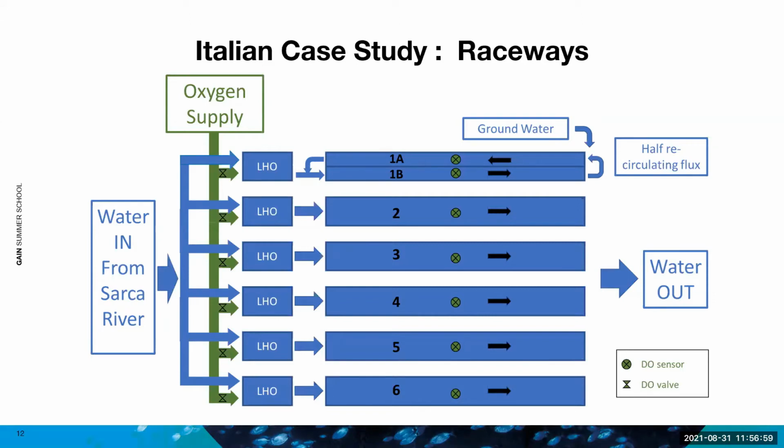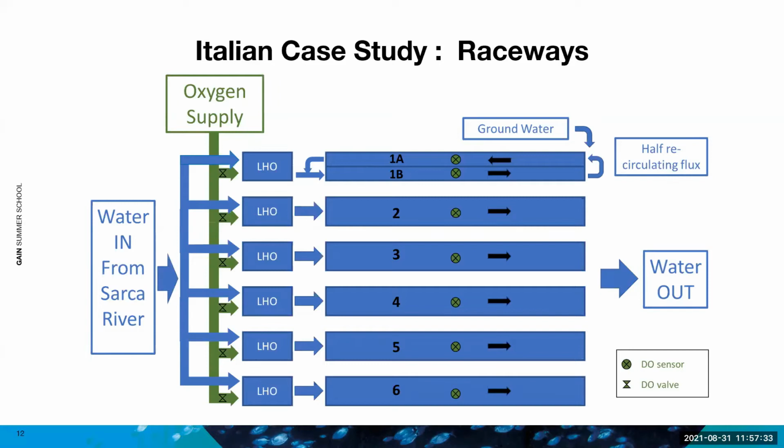And the first thing you see is that they use an oxygen supply. Every raceway is supplied with liquid oxygen in order to guarantee a certain level of dissolved oxygen concentration for the fish. There are plenty of systems that allow oxygenation of water, also aeration. We'll see that later.